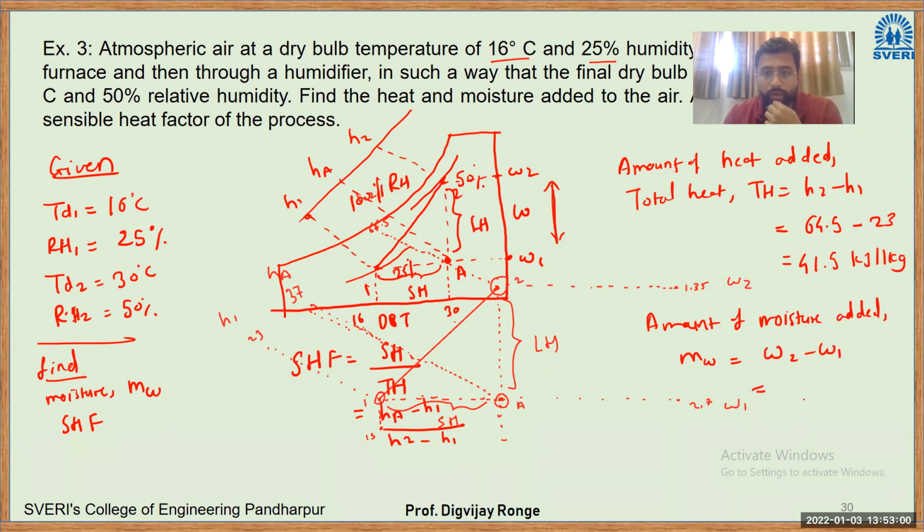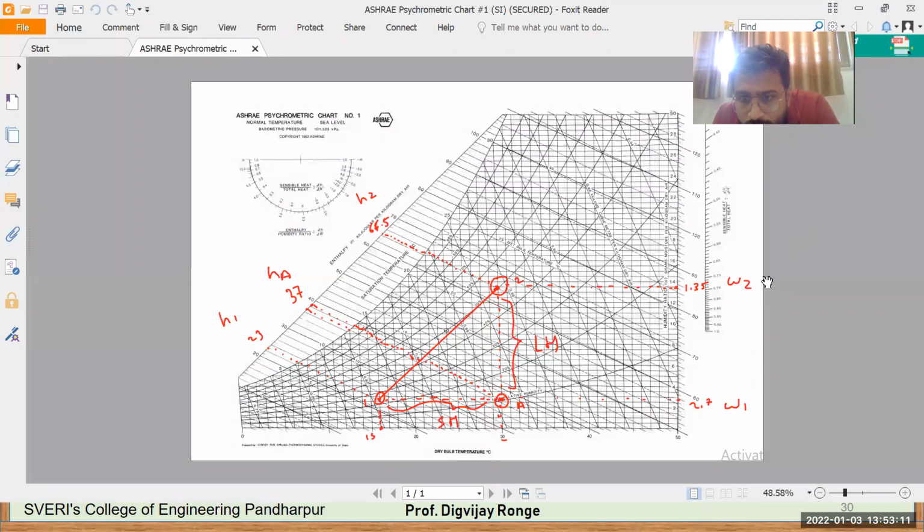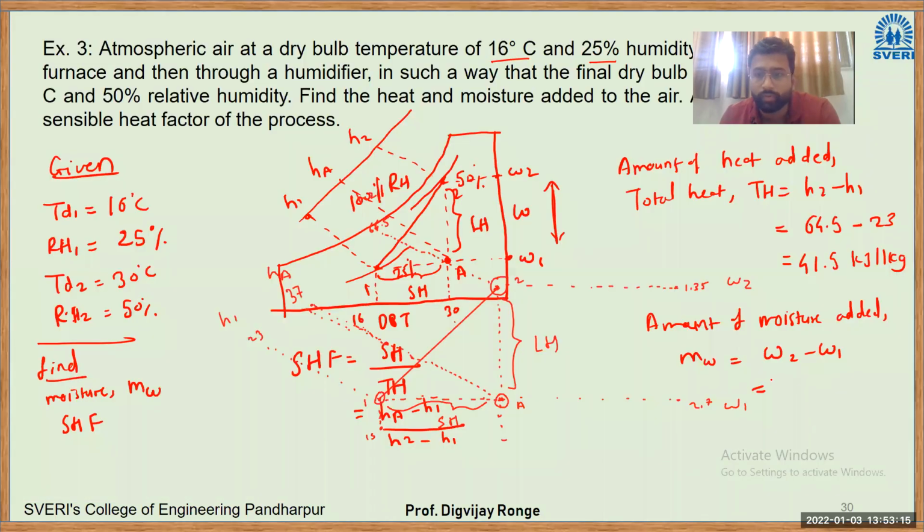So here it will be W2 we have calculated as a... So let me go back and check again how much we have calculated here. 13.5. Okay, 13.5 and 2.7. 13.5 minus 2.7. So this will again come out to be how much? 15 minus 7, that is 8.